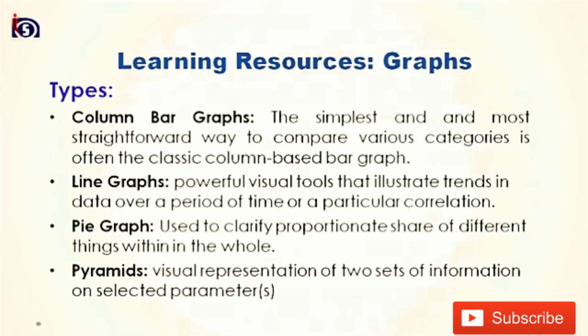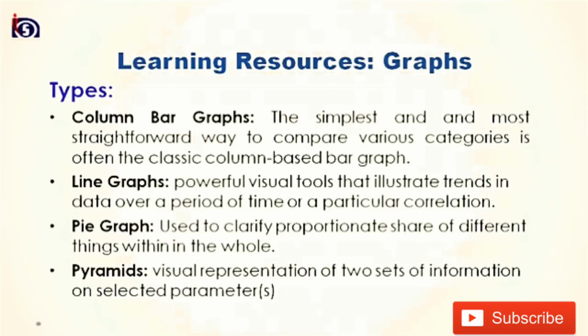Then we are having pie graphs. Pie graphs are used to clarify the proportionate share of different things within the whole. We are having a circle, and within the circle we are having different sectors which exemplify the proportion or the share of a particular thing within the whole.